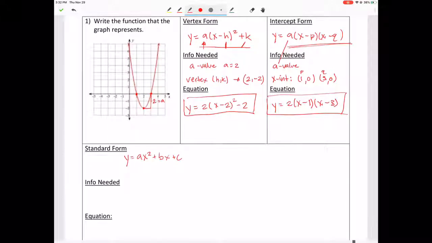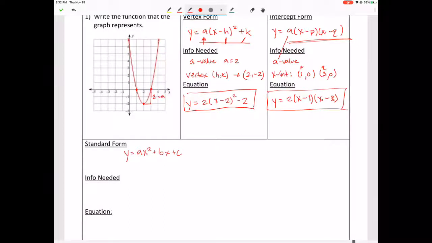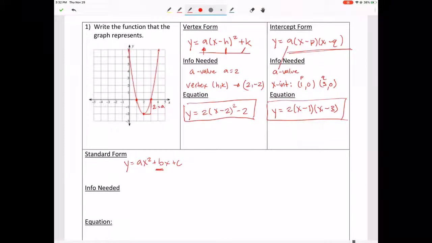Last but not least is the standard form. This one's a little more difficult. You actually have to use an equation to come up with the b. So I would highly recommend that if you're given a graph and you need to know the standard form, you choose one of these two, the vertex form or the intercept form.